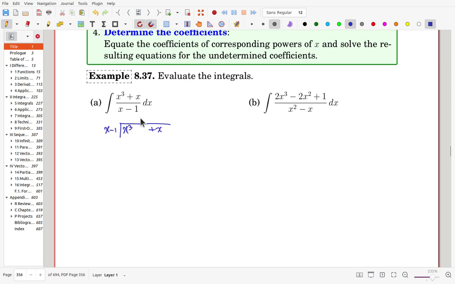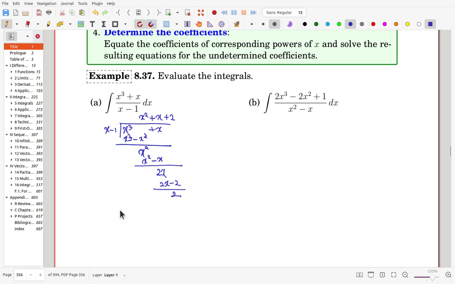Then we have x squared, then x cubed minus x squared, right? Once you subtract, there's x squared. Now we have x, then x squared minus x, so if you subtract, there's 2x. Now we have plus 2, then 2x minus 2, and 2 remains.